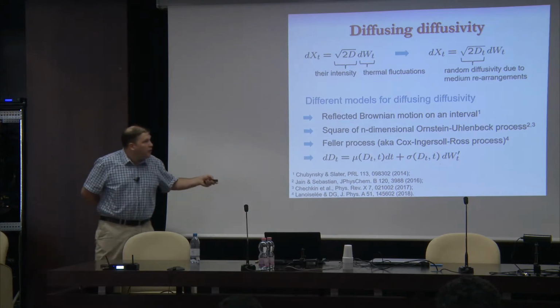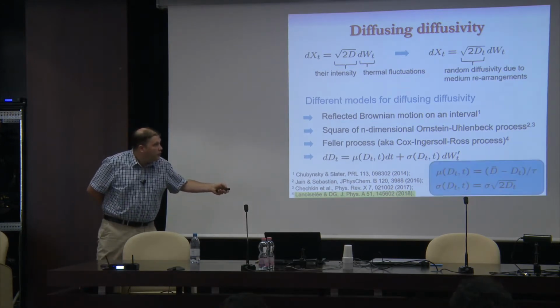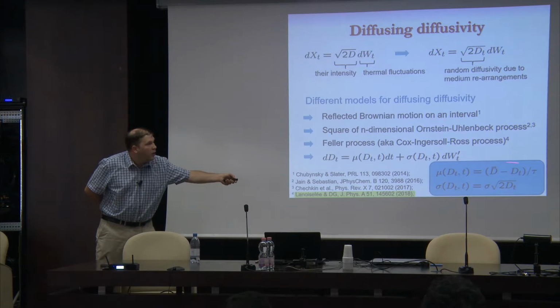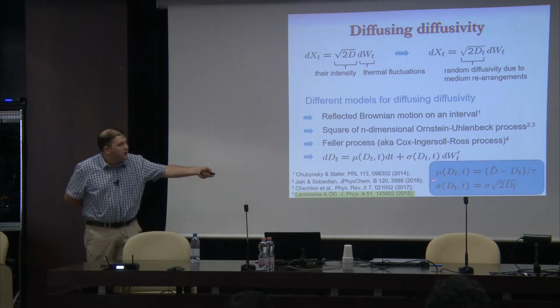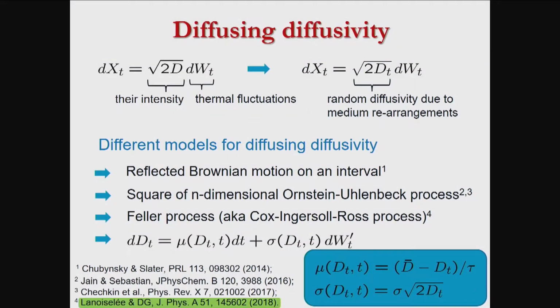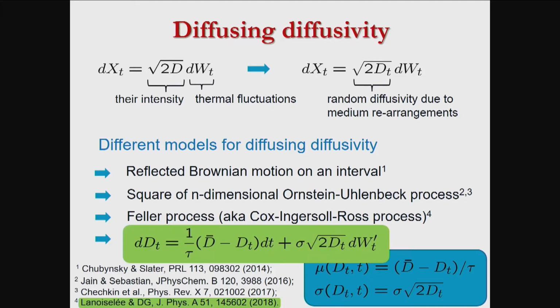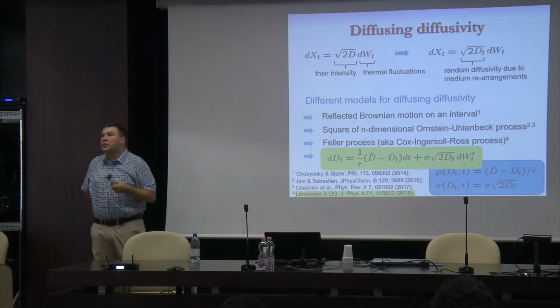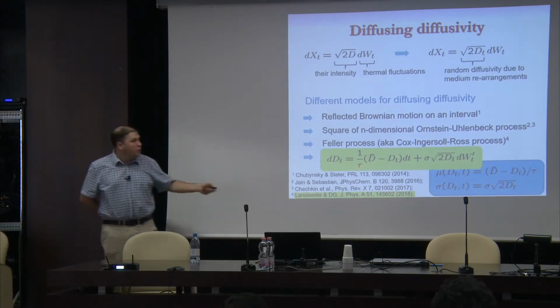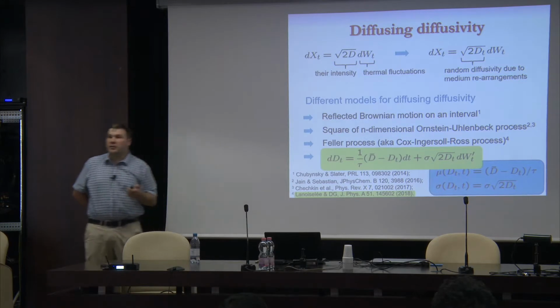In particular, this Feller process corresponds to a particular choice of the drift term for diffusivity and the diffusivity of diffusivity in this way. If you substitute it here, what you get is this Feller process. It looks like the Ornstein-Uhlenbeck process, except that there is an extra term here, which is proportional to the square root of diffusivity. This term automatically ensures that the solution of the stochastic process is non-negative.